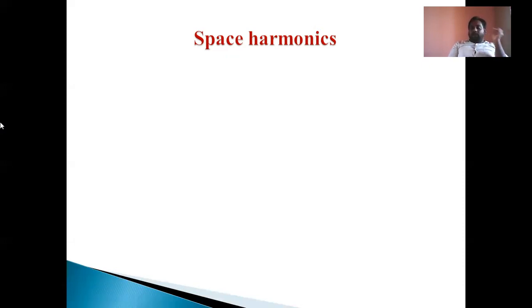When the flux distribution is sinusoidal, the generated EMF is also sinusoidal. The flux distribution is sinusoidal with respect to time and also angular degrees; there is a relation between time and angular degrees.